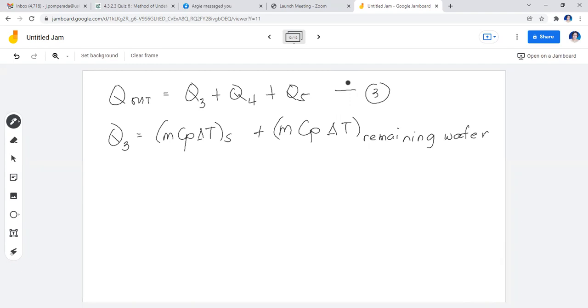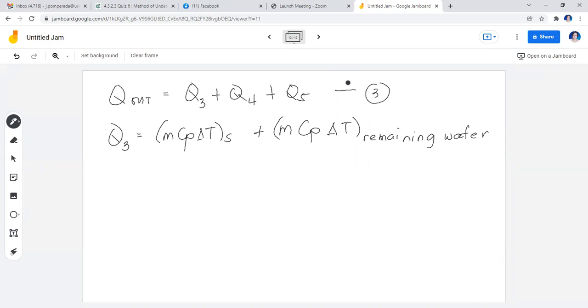Why can't I just simply write there water? Because remember, a portion of the water that is initially present in your feed is evaporated. That way, it's going to dry up. Its moisture content is going to reduce. So meaning this MCP delta T here on the second term will be for the remaining water.